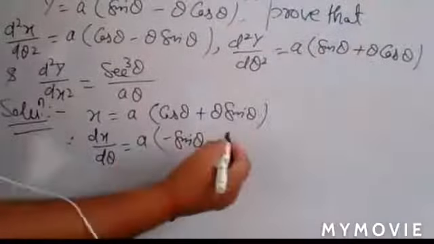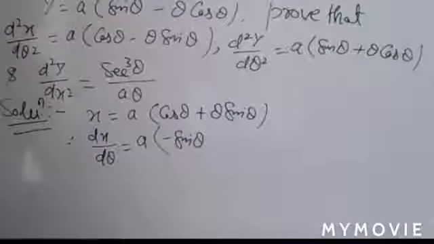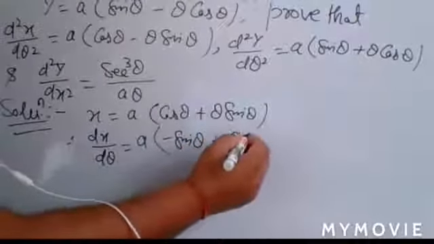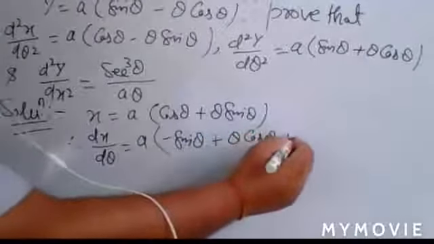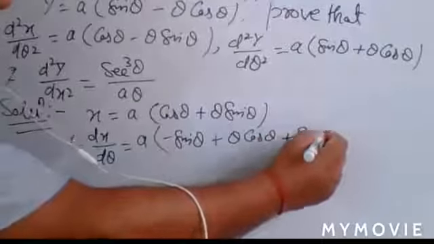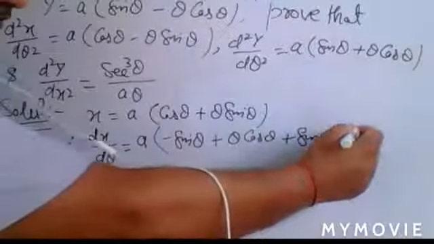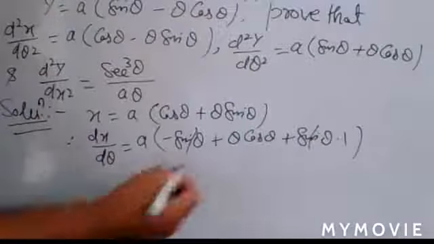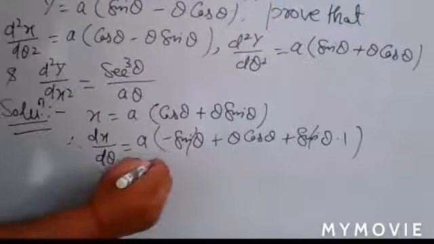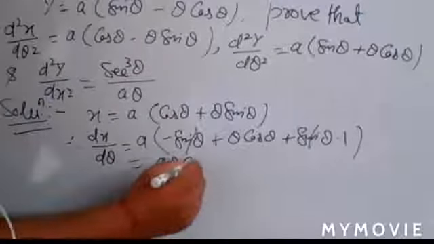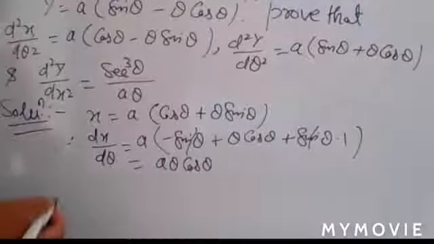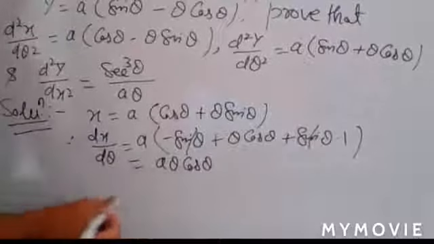And for theta into sine theta, you apply the product rule: first function times differentiation of second, cos theta, plus second function, sine theta, times differentiation of first, which is 1. So this sine theta and that sine theta cancel out, and you have a theta cos theta. That gives the value of dx by d theta.